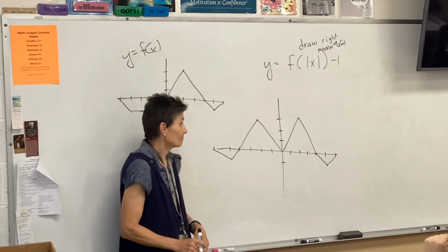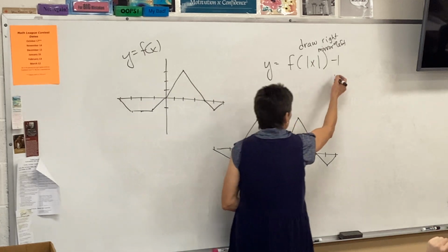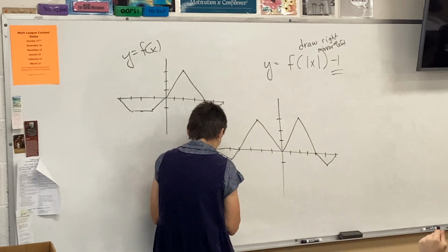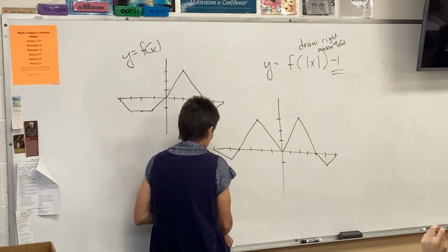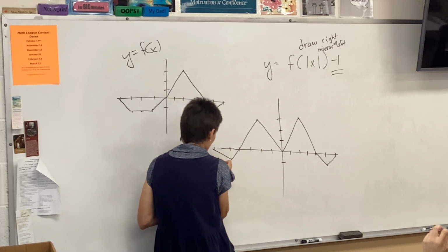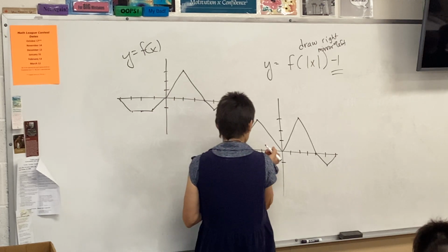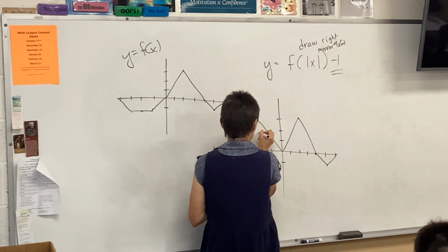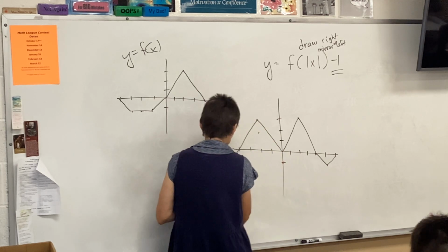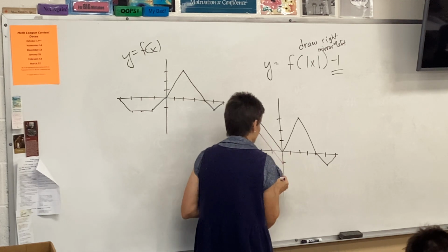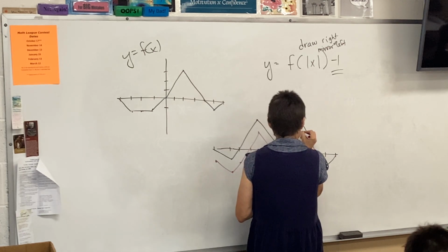Okay. What else has to happen in the problem? What's this do? Down 1. So on the graph paper, it's super simple. You just take each point and drop it down 1. So every one of your points that you plotted gets dropped down 1, on both sides.